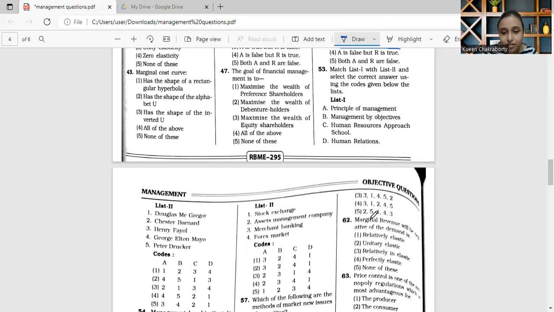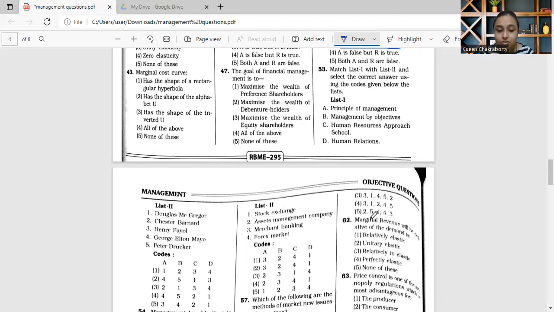Chester Barnard and Follett were early advocates of a more humanistic perspective on management, that emphasized the importance of understanding human behaviors, needs, their attitudes in the workplace, as well as social interactions and group processes. So the human resource approach school comes to the answer Chester Barnard, or C.